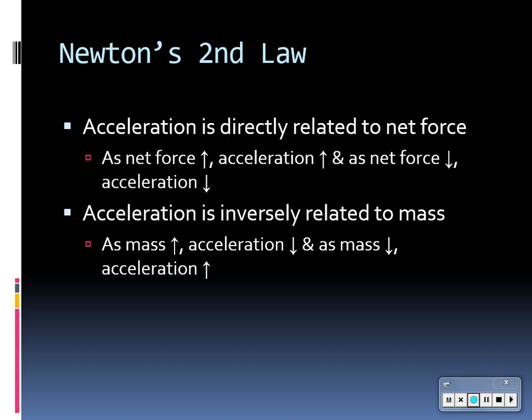Bowling ball goes farther because it has more inertia. But it's not going as fast, so that means it will take longer to get there. If they were going the same speed, the bowling ball would go farther. But if you push both of them with the same force, the bowling ball will never go as fast as the ping pong ball does. So there's a couple different things going on there.